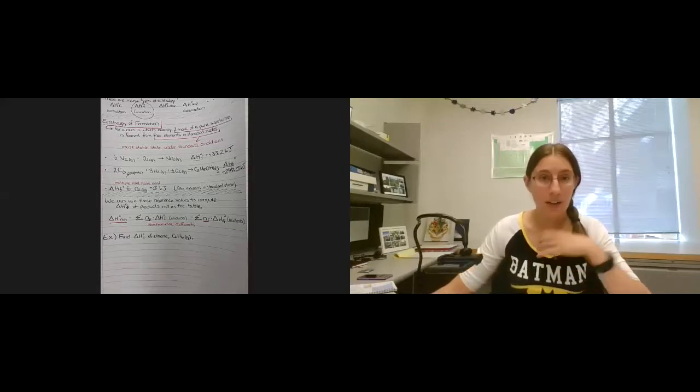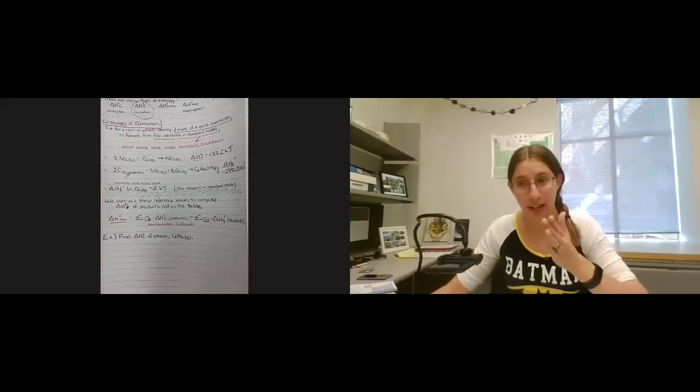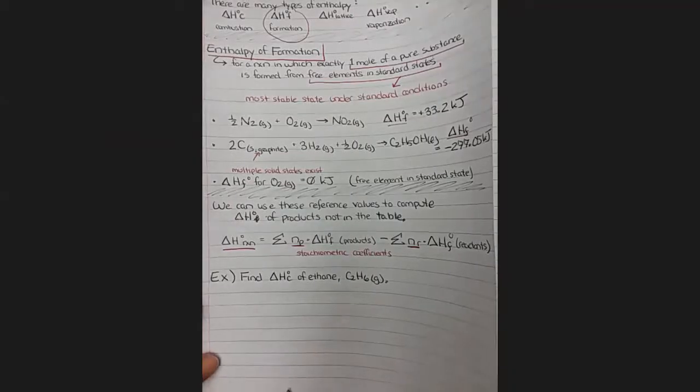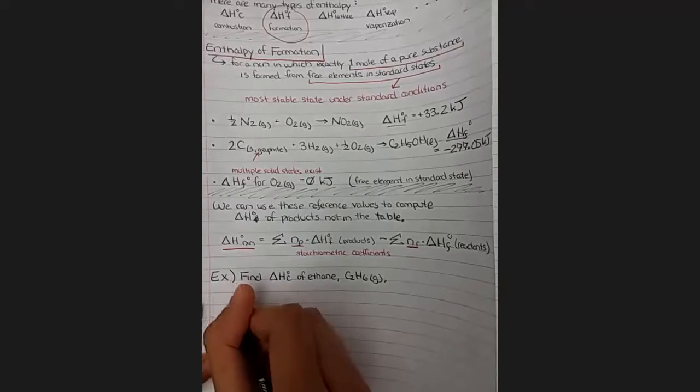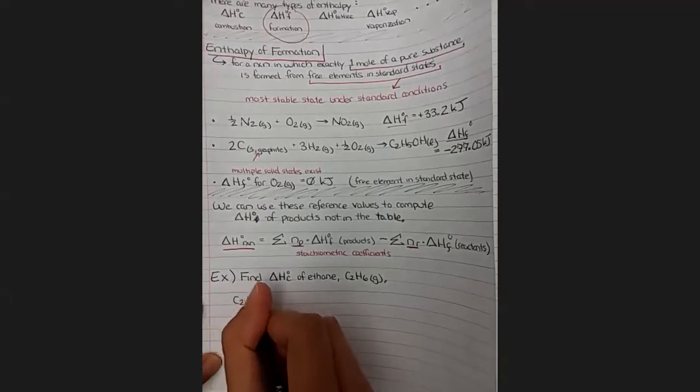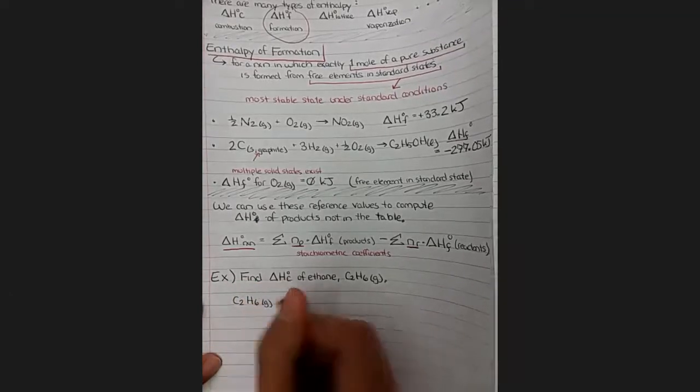We should know that whenever you have a combustion reaction, you are burning some item in oxygen, and you are forming carbon dioxide and water. Always, always, every time combustion. So we're burning something, C2H6, which is a gas.